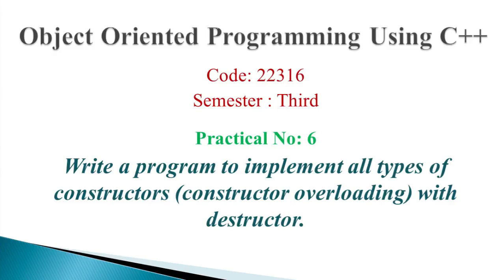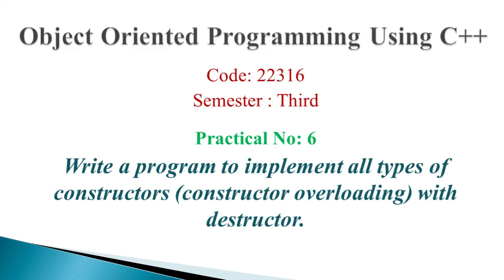Hello everyone, today we will see object-oriented programming using C++ practical number 6, that is, write a program to implement all types of constructors and constructor overloading with destructor. So basically in C++ we have three types of constructor, that is default constructor, parameterized constructor and copy constructor.